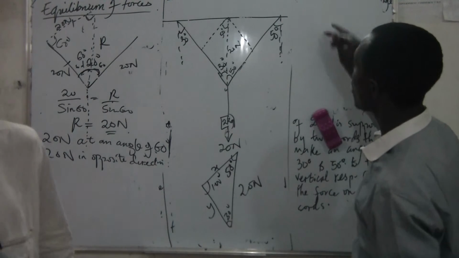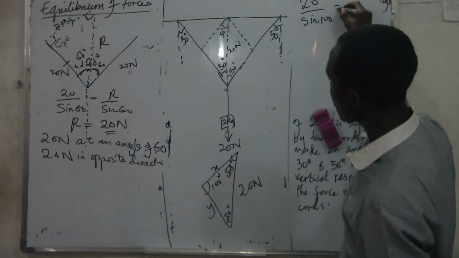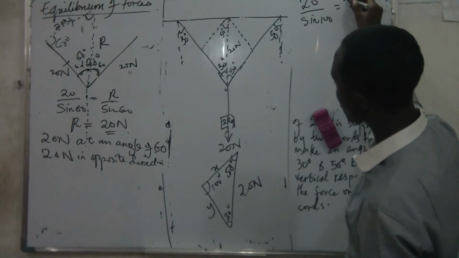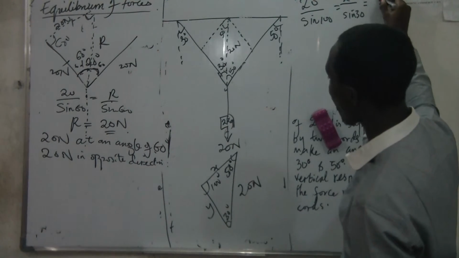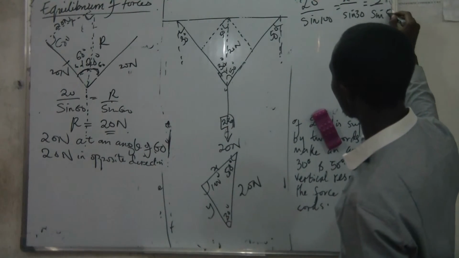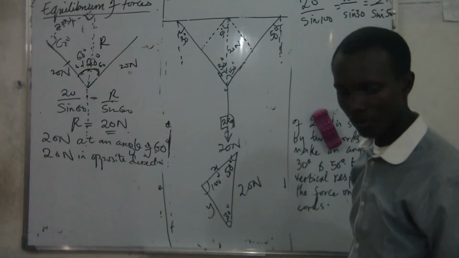So we can say that 20 over sine 100 is equal to X over sine 30, which is also equal to Y over sine 50. What is 20 over sine 100? Can I have a calculator, please?